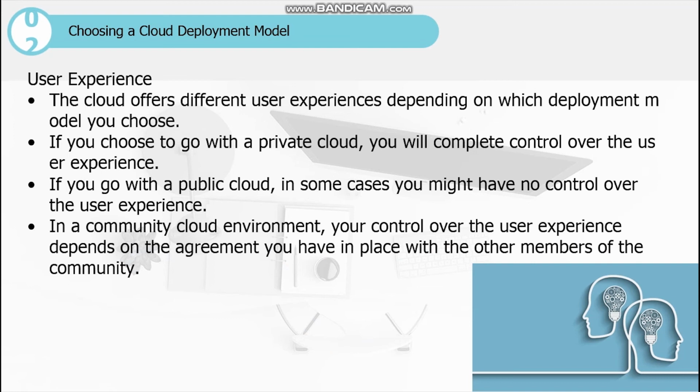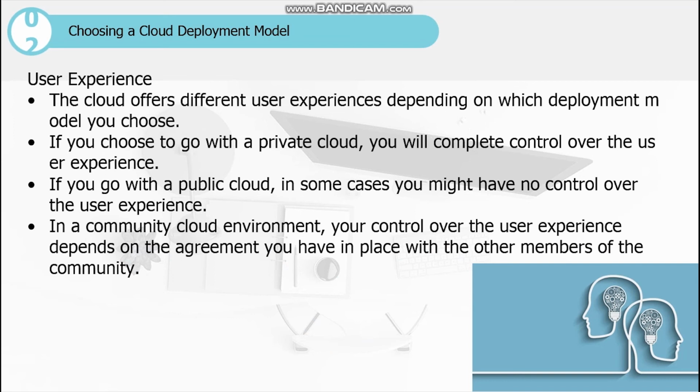The cloud offers different user experiences depending on which deployment model you choose. If you choose a private cloud, you will have complete control over the user experience. You will be able to control the application, the network, and in most cases, the client systems.